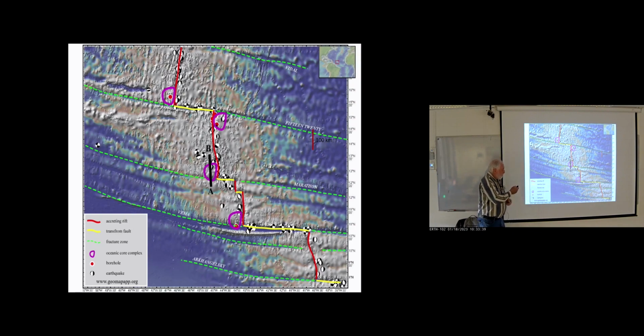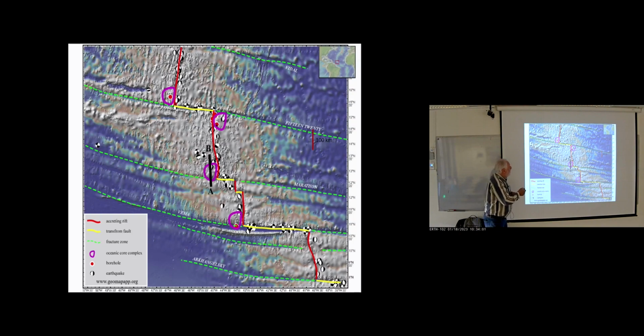Therefore, when you put fresh oceanic basalt here, juxtaposed against older basalt in the other tectonic slab, this will go down, this will ride up, and things will happen. I'll show you in a minute.